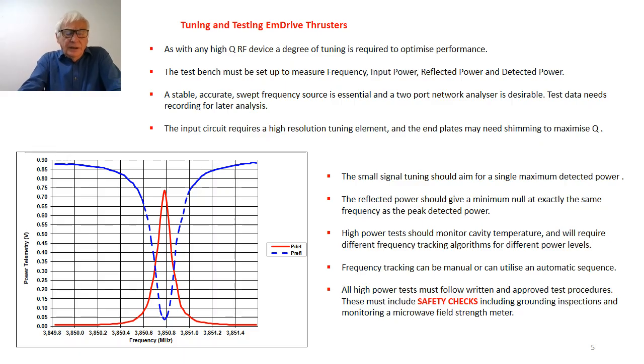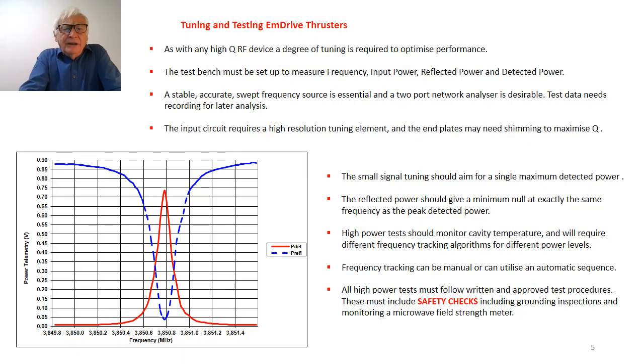The typical output of the initial tuning work is shown in the plot of both the detected and reflected power. The detected power is shown in red, the reflected power is shown in blue, and this is actually a plot for the flight thruster.